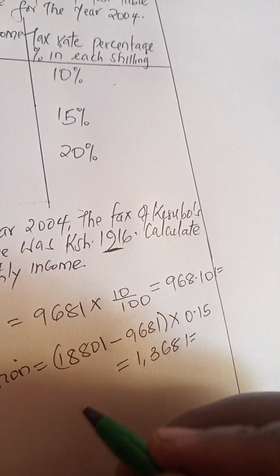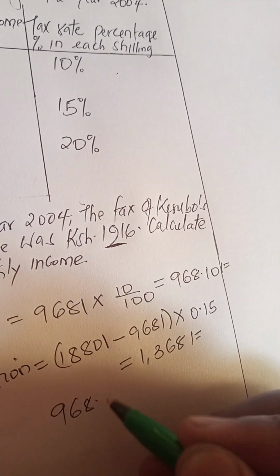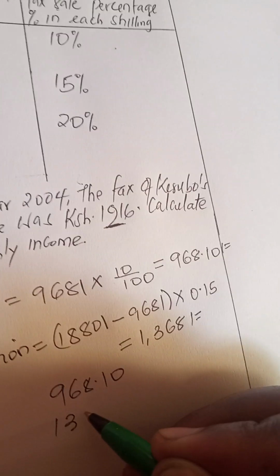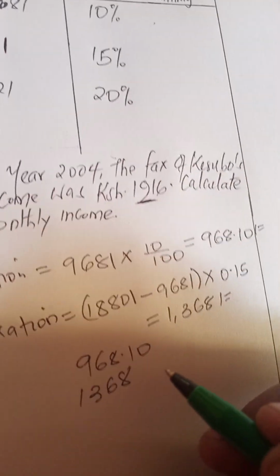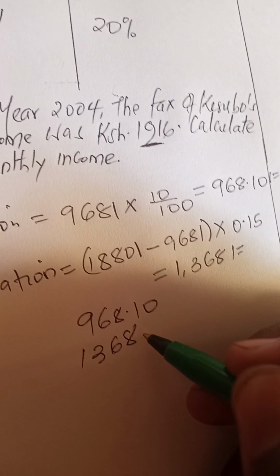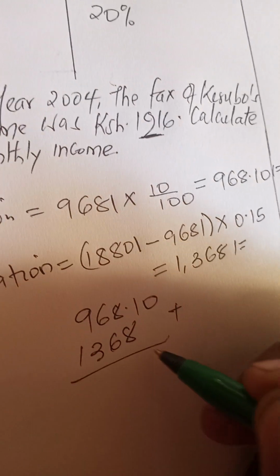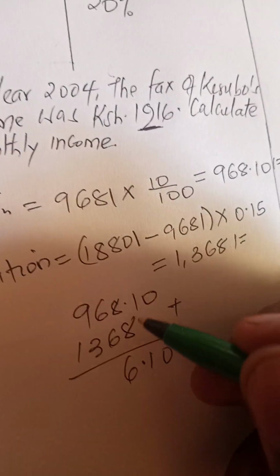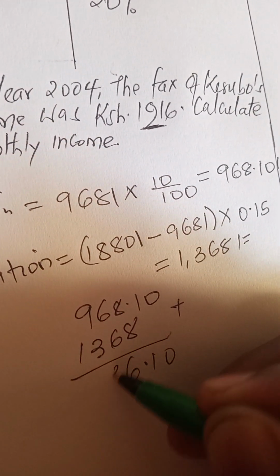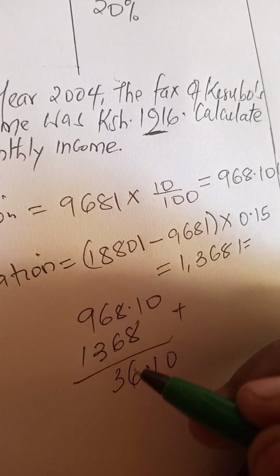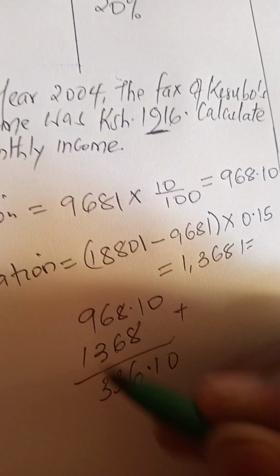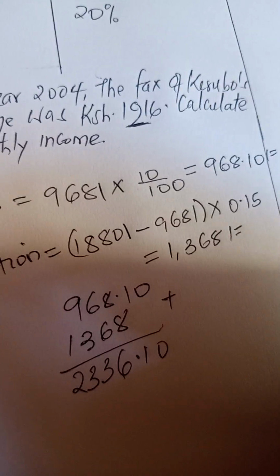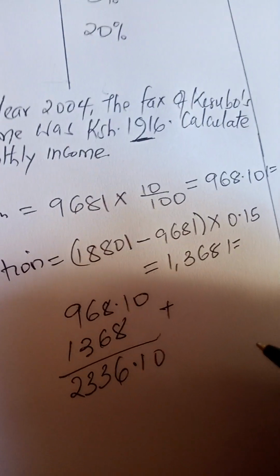If we sum 968 and 10 cents and add 1,368, we get 2,336 and 10 cents.